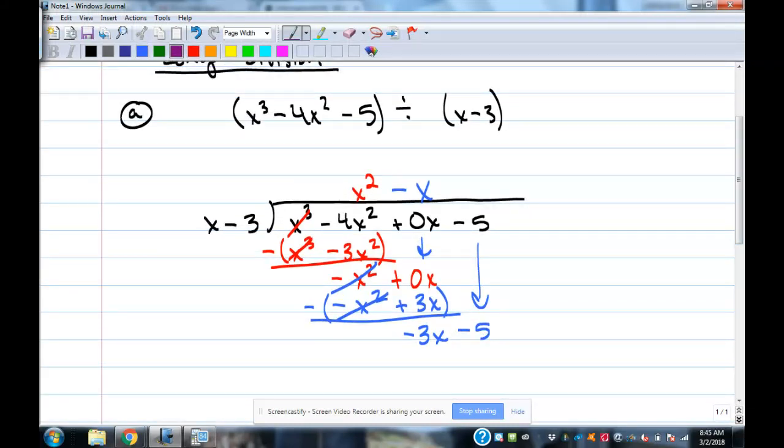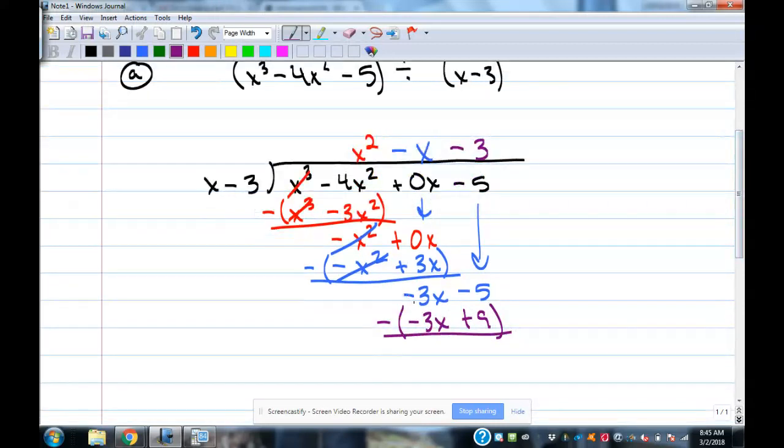And then what times the x in front gets me negative 3x? Negative 3. And then distribute again and subtract. The 3x's cancel, and negative 5 minus 9 is negative 14. This is our remainder.